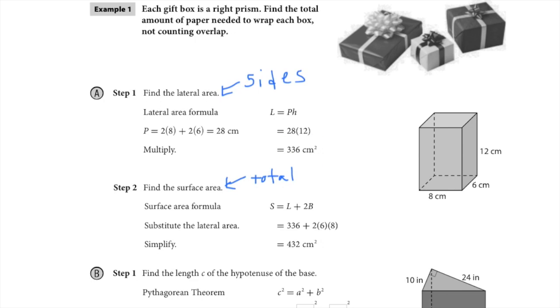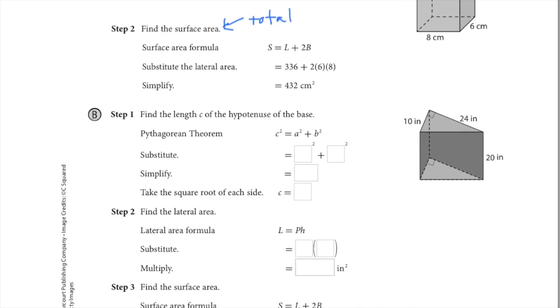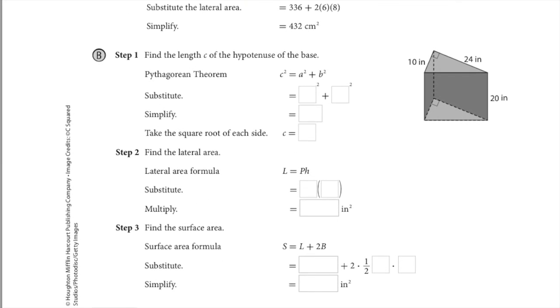Substitute the value we just came up with, 336, and then plug in the area of the two bases. Now the base shapes are rectangles, so base times height there of 6 times 8 twice added in gives me 432 centimeters squared.